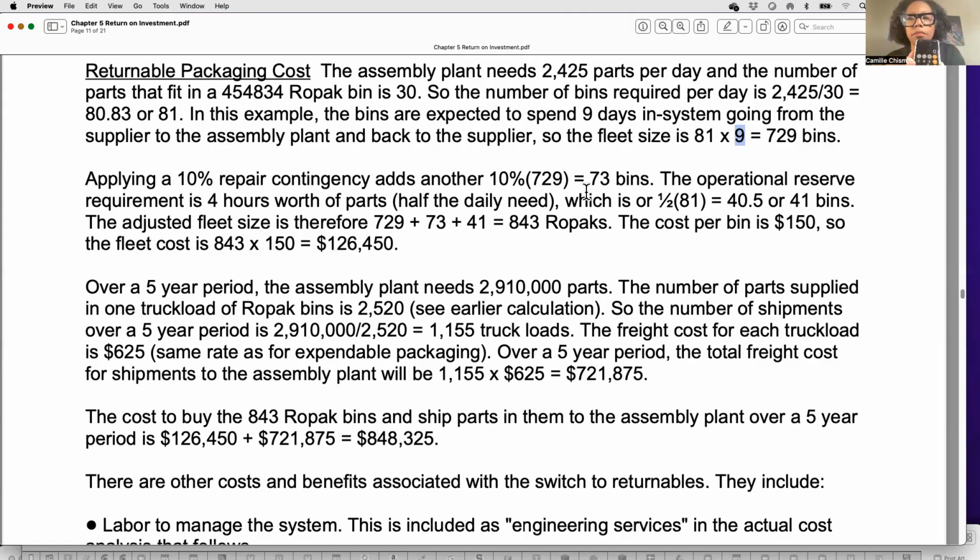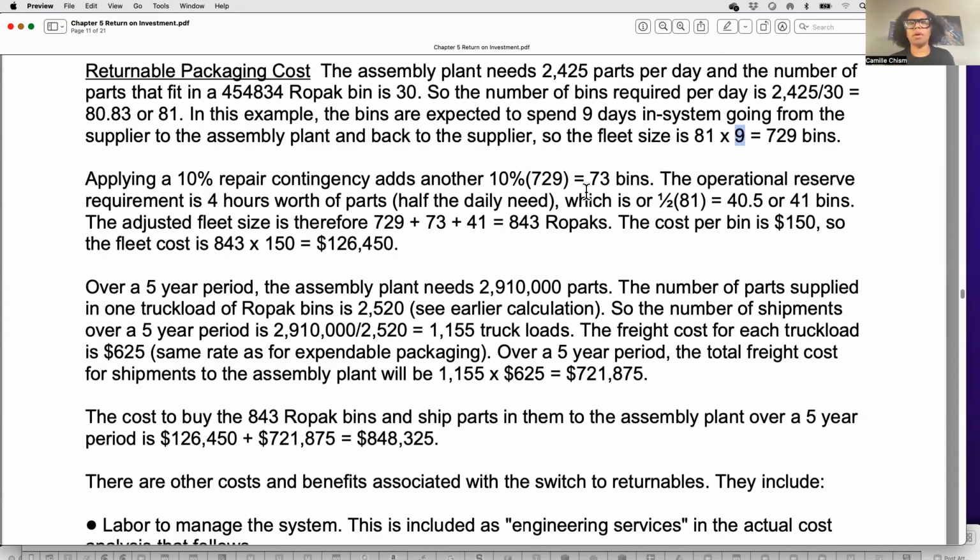Okay, so we've got 10% is equal to 0.1. So you take that 0.1 and then you're going to multiply it by the 729. And that will give you 72.9.